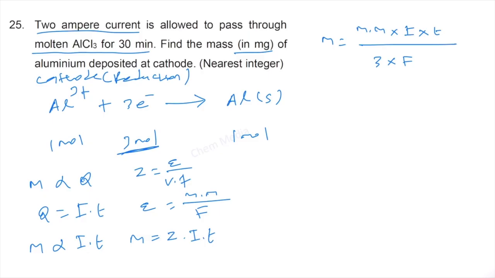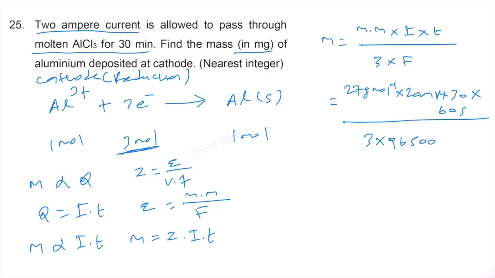Therefore, this is equal to: molar mass of aluminum is 27 gram per mole, current is 2 ampere, time is 30 minutes, but we need to convert it into seconds. Therefore, multiply by 60, divided by 3 times 96,500 coulomb per mole. Ampere second is coulomb.